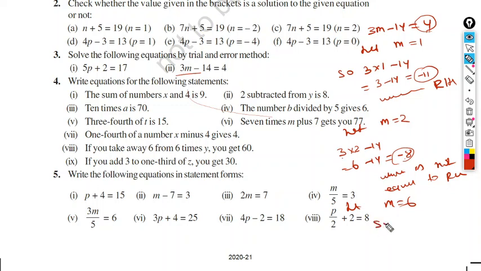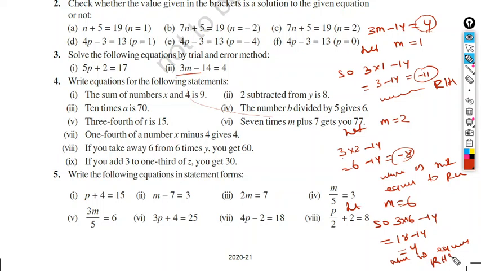So 3 into 6 minus 14 is equal to, 3 into 6 is 18, minus 14, which is equal to 4. Here you can write which is equal to RHS.